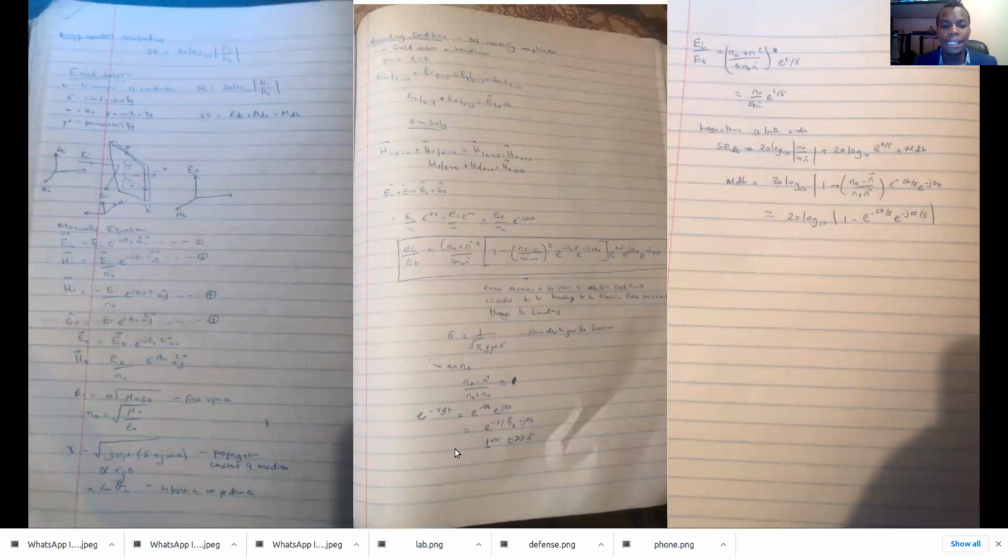You can resolve it further. When N is much, much less than N naught, we can replace the middle part with 1. Because we are doing an approximation, in physics, in electronics, in science, you can do approximation whereby, if N is much, much smaller than N naught, you can assume the ratio of their difference to their sum to be equal to 1.